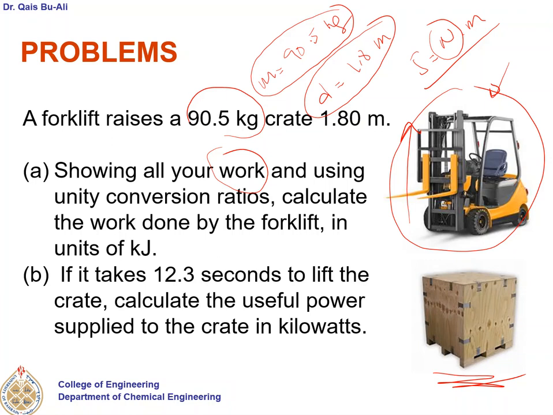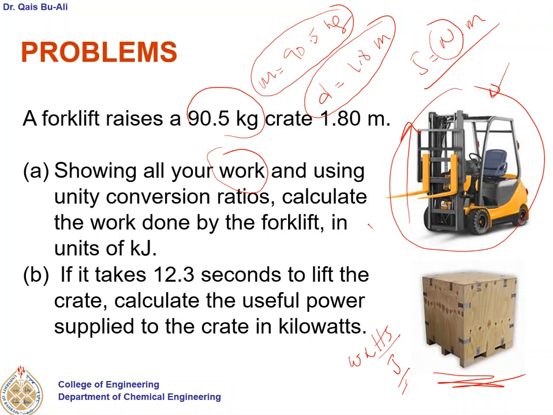And then the next step, if it takes 12.3 seconds to lift the crate, calculate the useful power supplied to the crate in kilowatts. So this is one part, which is the work, and then he's asking for the power. We know that power is measured in watts or kilowatts, and we know that a watt is equal to joule per second.